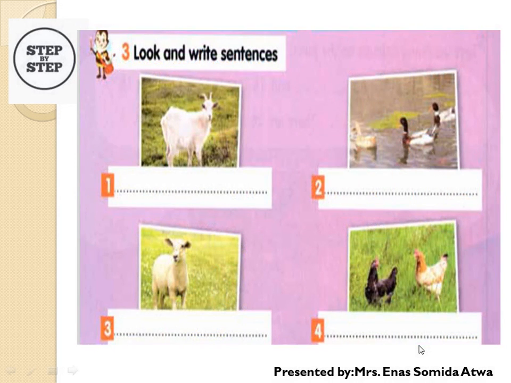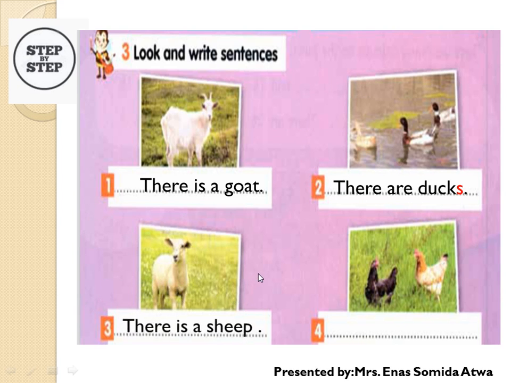Okay. Now look and write a sentence. نكتب ايه؟ جملة. احنا من اليونت الأولانية قلنا ان انا ممكن اقول يوجد كذا. ادي الصورة يوجد فيها ايه؟ Goat. يبقى اقول there is a goat. طيب الصورة دي فيها ducks جمع، هضيف عليها اس الجمع. تبقى there are ducks. طيب number 3 there is a sheep.